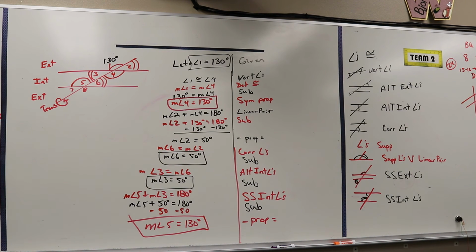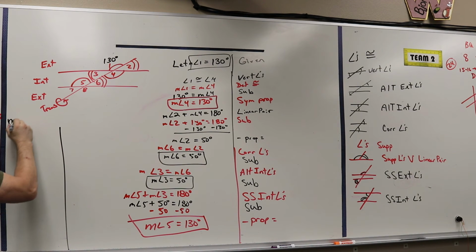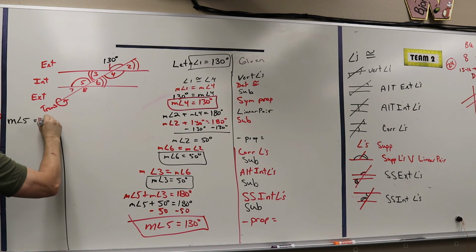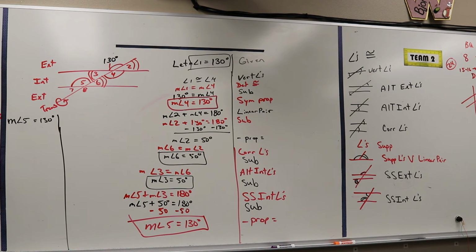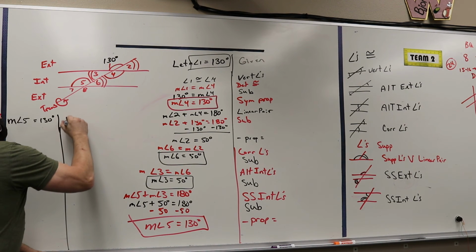Now, I need to rewrite this so that I can continue. So what if I wrote this same one? The measure of angle 5 is equal to 130. What's that called, when I write the same one so I can continue the process somewhere else on the paper?